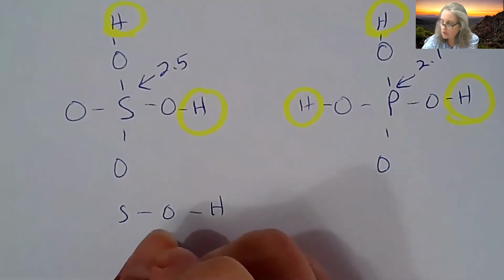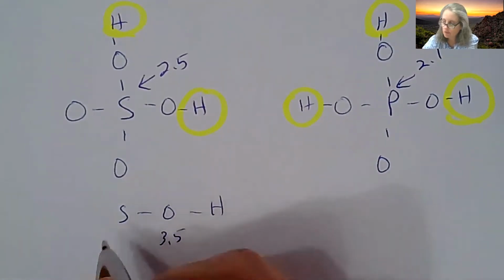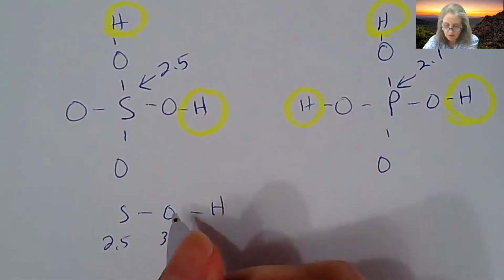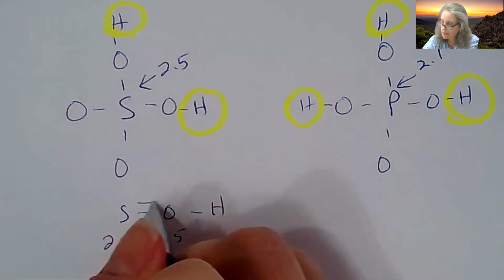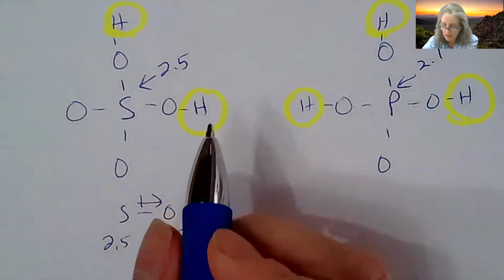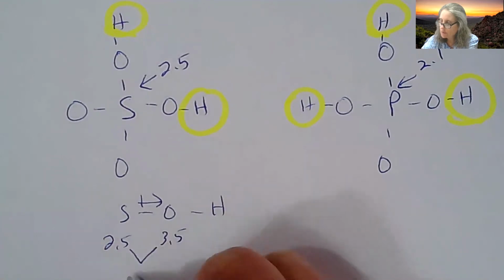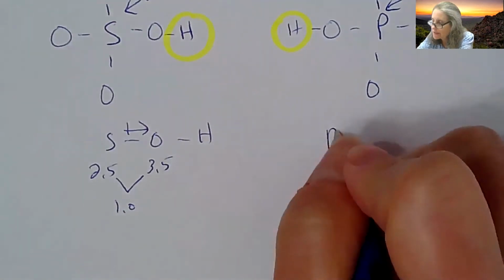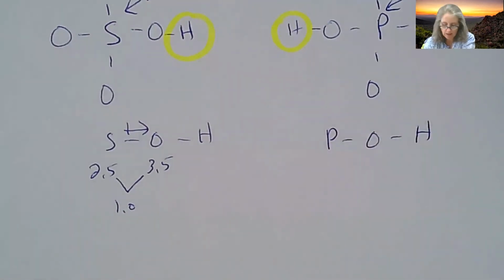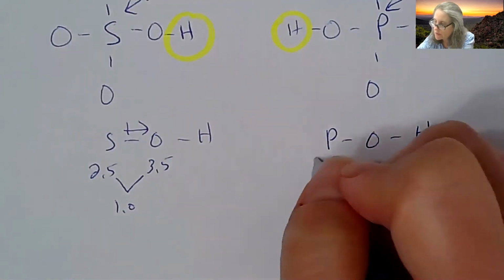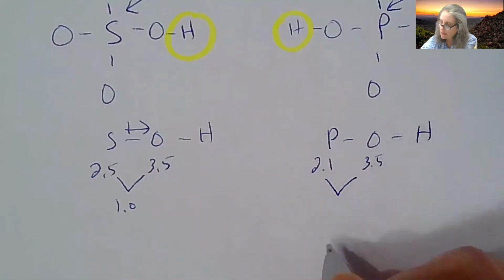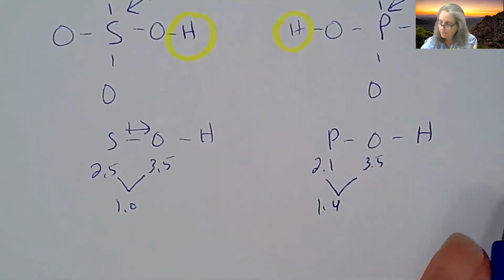Oxygen has 3.5 as its electronegativity, sulfur is 2.5, and so those electrons are going to be pulled towards the oxygen, okay? The difference between these two is 1. If I compare that to phosphorus, oxygen, and hydrogen, phosphorus is 2.1, this is 3.5, so the difference here is going to be 1.4. So it's a bigger difference.